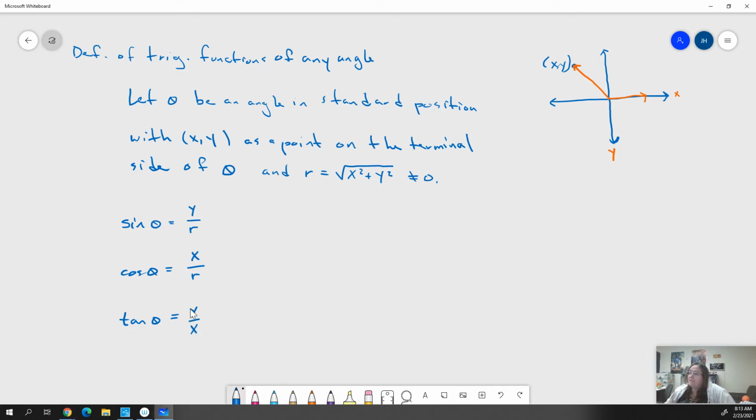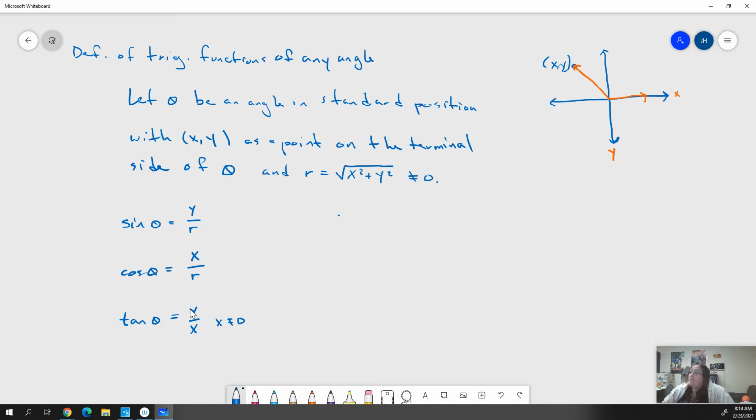And as you might be able to guess, well, first of all, we also have to say that x cannot equal 0 on this. Not something we have to worry about when r is in the denominator, because it's a square root. It's going to come out positive no matter what. So we don't have to mention that it's positive, because we're already guaranteed a positive, because we're taking it out of a square root.